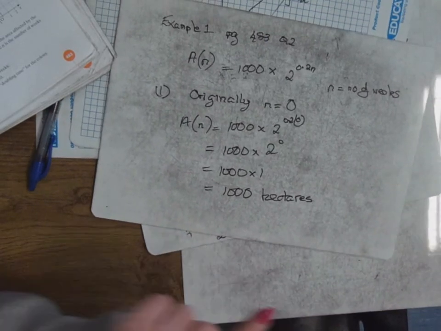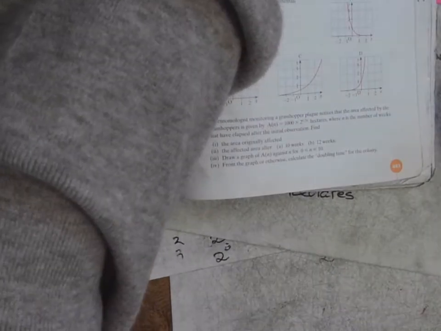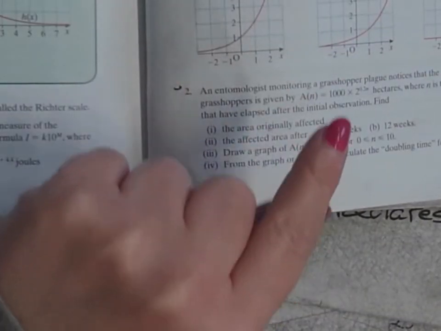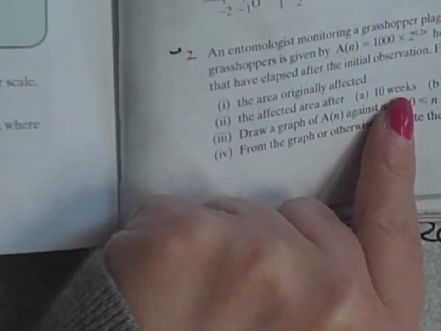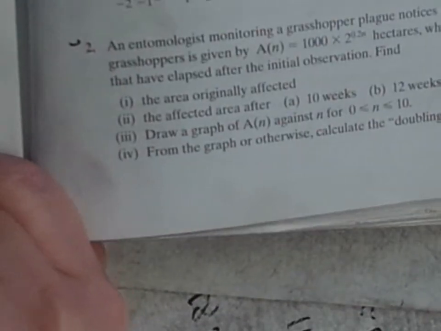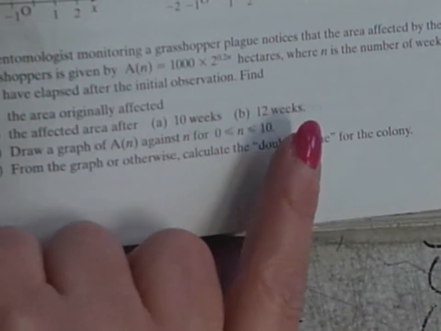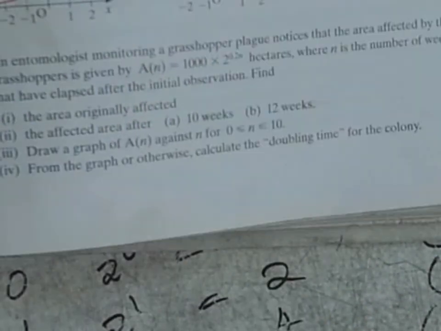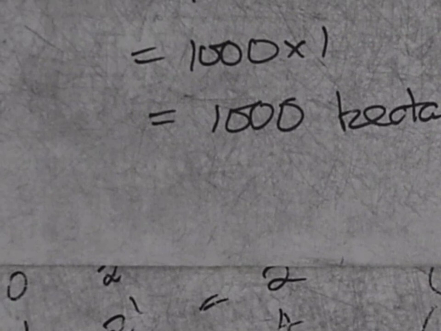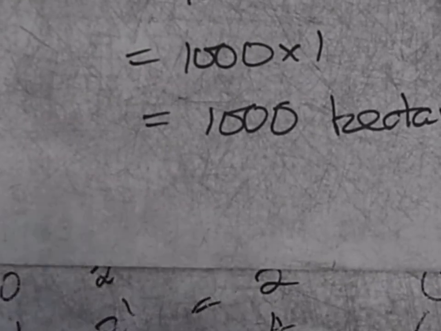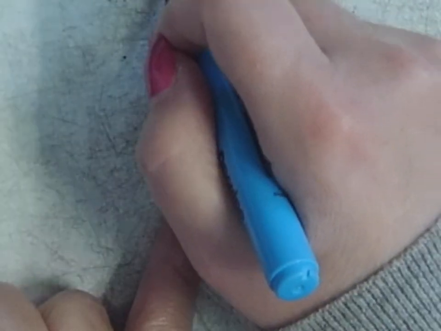Okay, number 2. As I say, I'll put all this back up in a minute. Part 2 says find the area affected after 10 weeks and the area affected after 12 weeks. So I'm going to do A and B now. 10 weeks and 12 weeks, and it's okay because it's the number of weeks. So part 2A was 10 weeks.